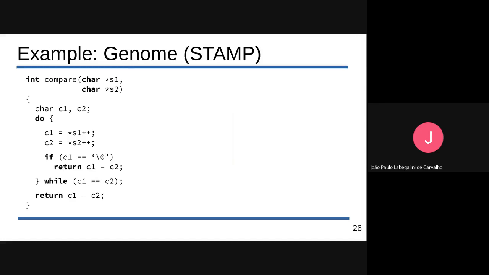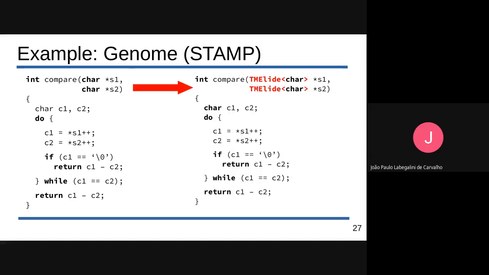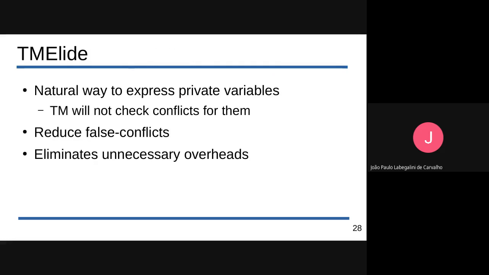Going back to the example, which comes from a real application in STAMP, we can very easily remove the barriers from variables that we know for sure are private, or variables that never get updated inside transactions. And by doing that, we get a very significant speedup. So the proposed annotation, TM-elide, is a very natural way to express private variables.